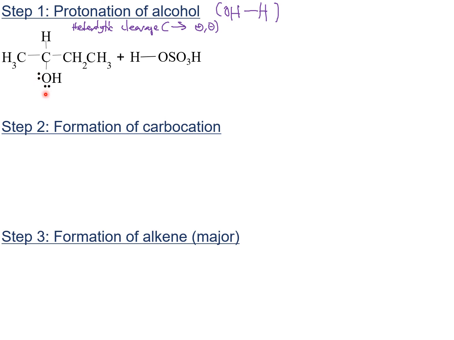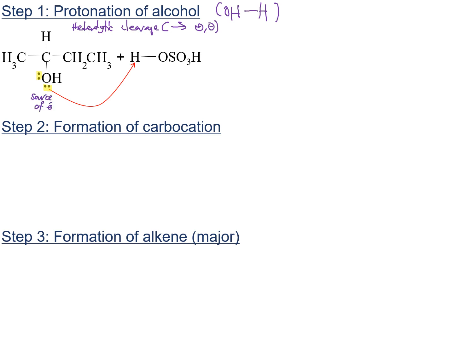So what will happen here is, from one of this lone pair of this oxygen atom, although it's not in the question, when you do a reaction mechanism, you need to show the lone pair. So you must draw the lone pair on this oxygen. Because we cannot just draw the arrow from the oxygen to H; I already told you, the beginning of the arrow must be from the source of electron.